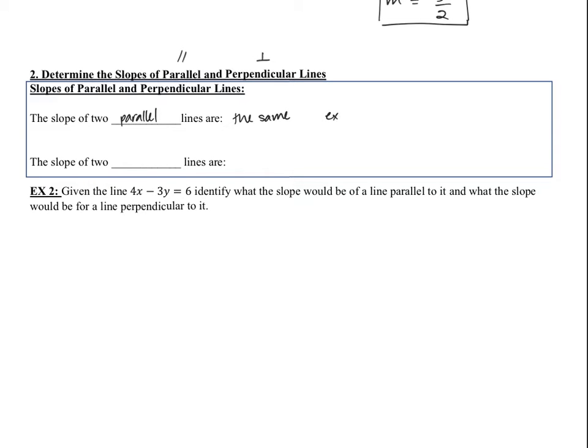For example, if one line had a slope of m equals 2, the other line that's parallel to it would have m equals 2 as the slope as well. However, if we take a look at the slopes of two perpendicular lines, the slopes are opposite reciprocals.